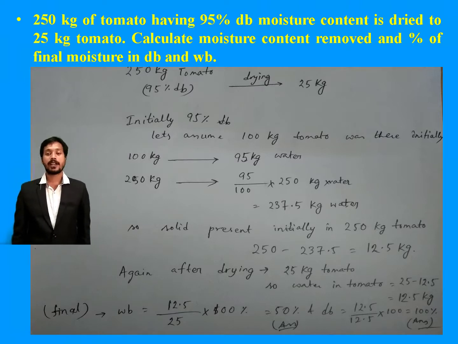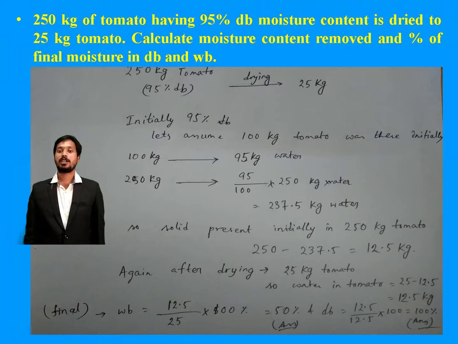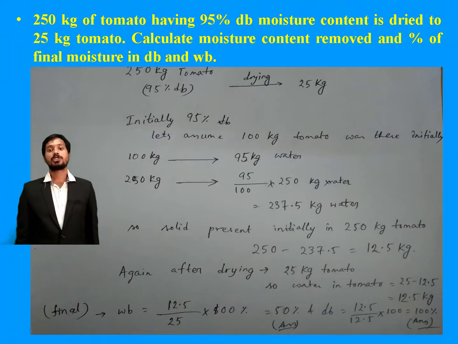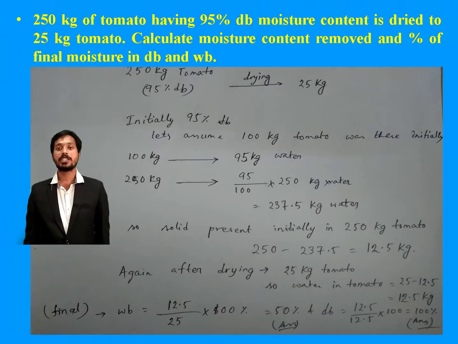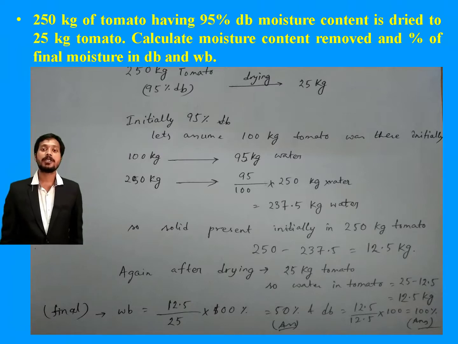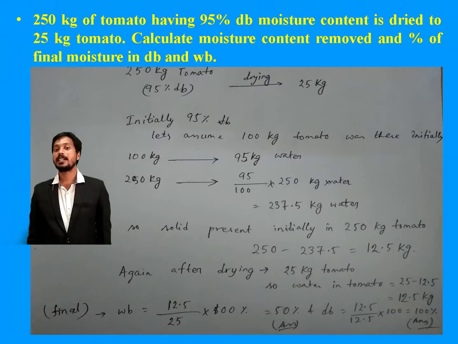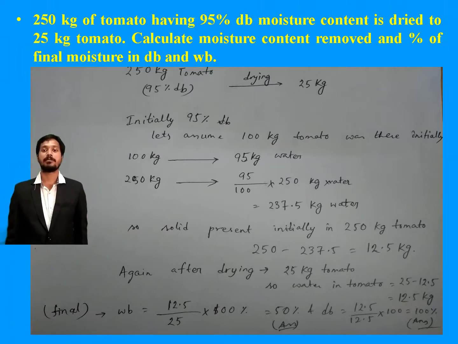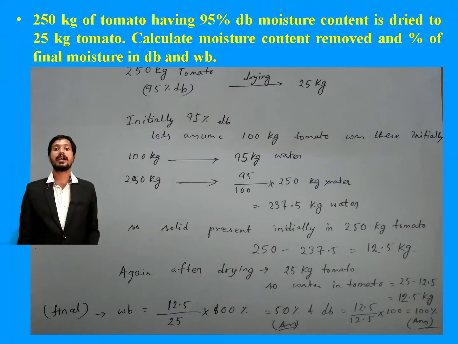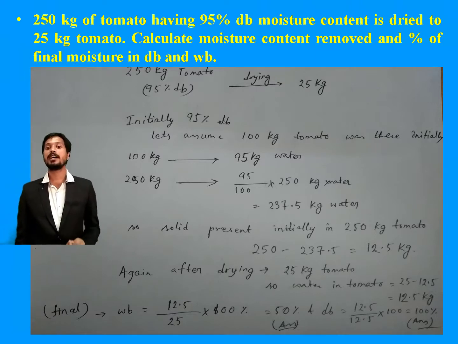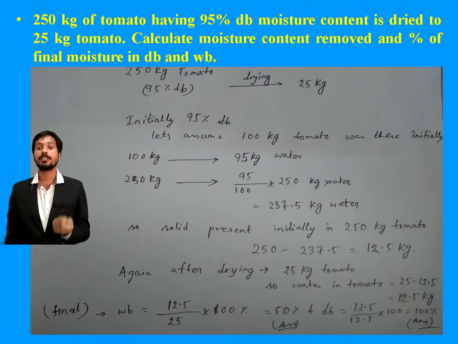Final weight of the tomato is 25 kg. So out of this 25 kg, 12.5 kg is the mass of solid. That doesn't change, it remains the same. So 25 minus 12.5, that mass is nothing but the mass of water present after drying.